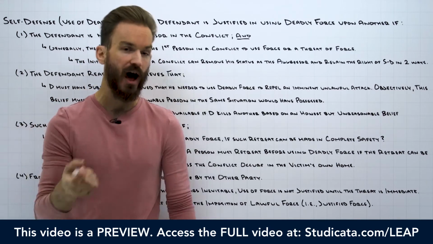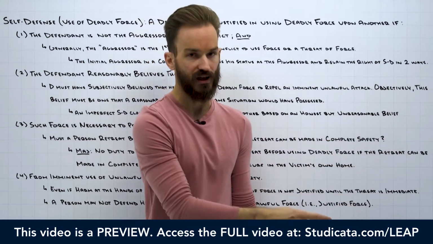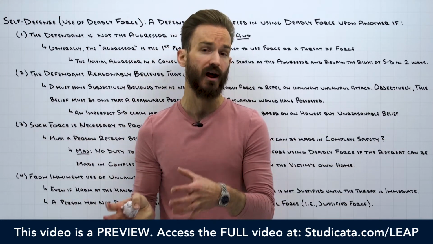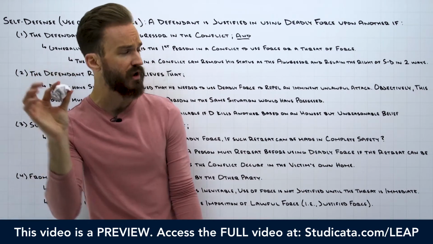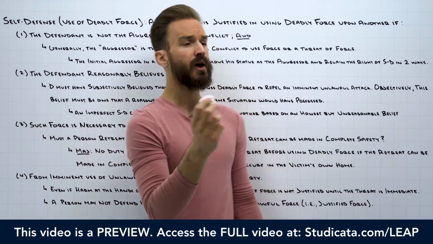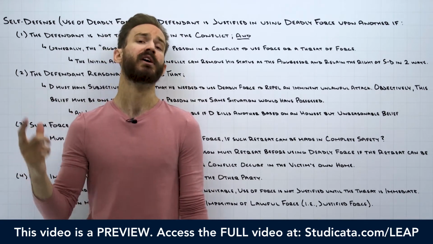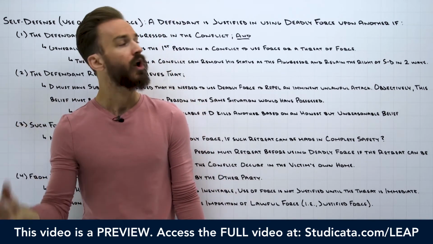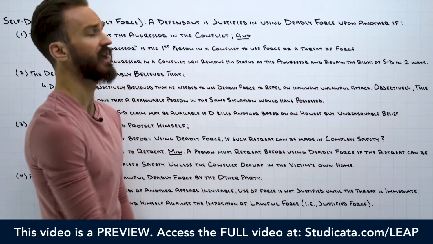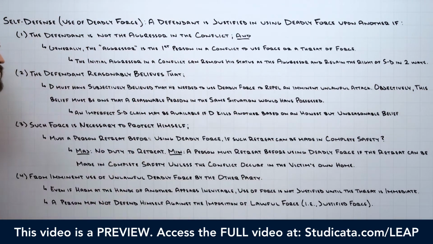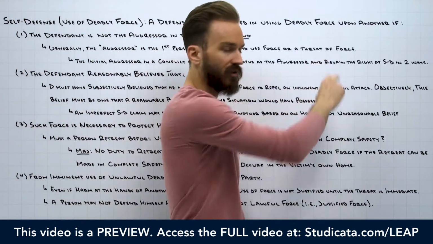But because I'm threatening non-deadly force, if this student escalates it from a threat of non-deadly force to deadly force, so I threaten the student with a wadded up piece of paper, but he threatens me with a gun, say he flashes a gun at me and says, "Chill out, Michael, I have a gun." Well, now he takes the status of the aggressor because he's escalated the force from non-deadly force to a threat of deadly force.